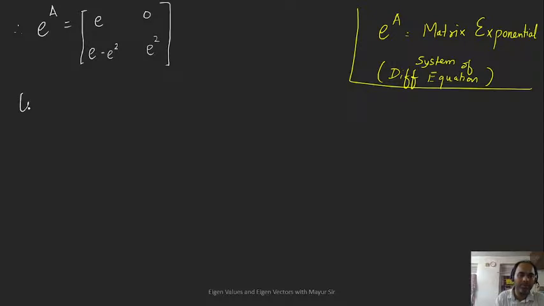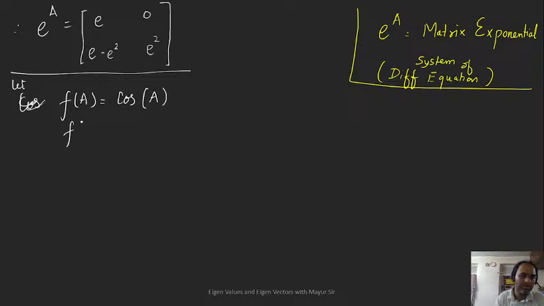So for cos, now the case 2: let f of A equal cos of A. So f of D is equal to cosine of D. Cosine of D is cosine 1.